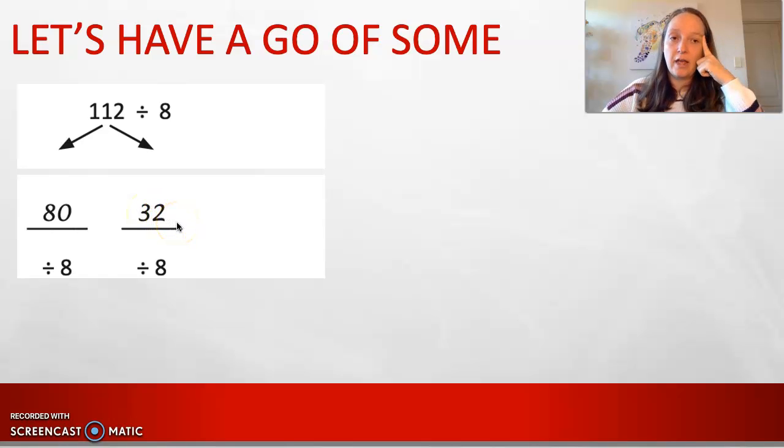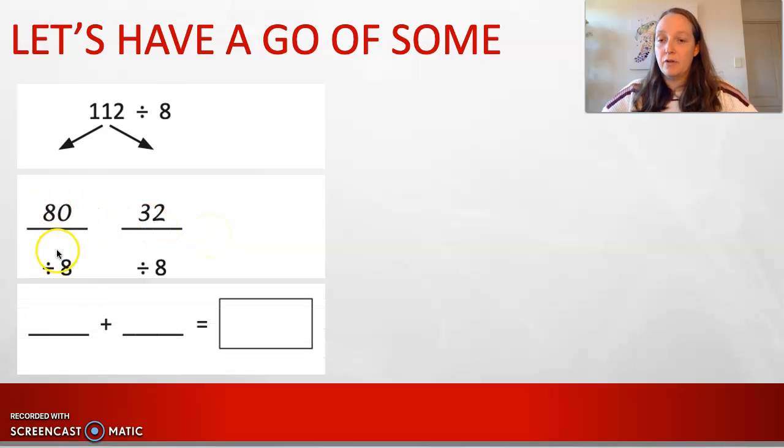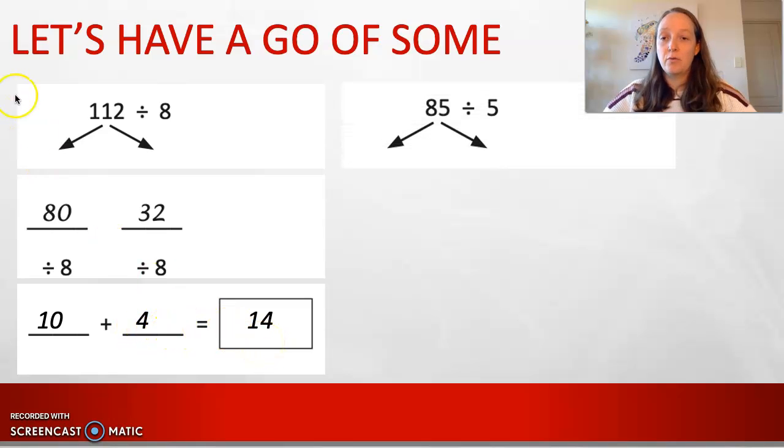Again, knowing our 8 times tables, we know that 8, 16, 24, 32. We would get 4 times 8 is 32. Both of them are multiples of 8. Therefore, if we divide those by 8, we've got 80 divided by 8, we get 10. 32 divided by 8, we get 4. 10 plus 4 equals 14. Therefore, 112 divided by 8 equals 14. Okay, let's have another go.